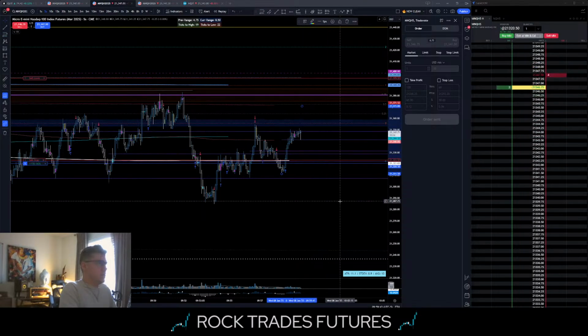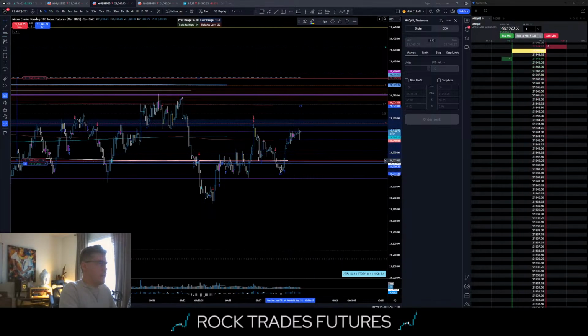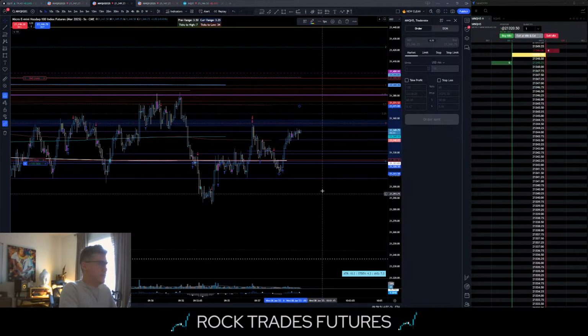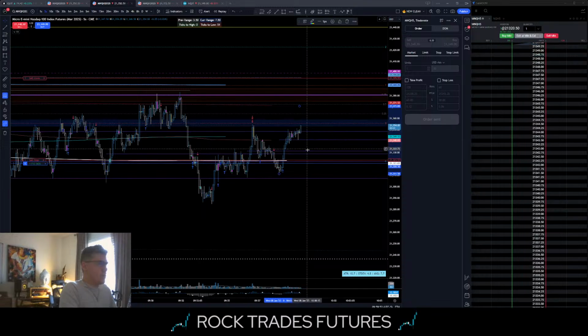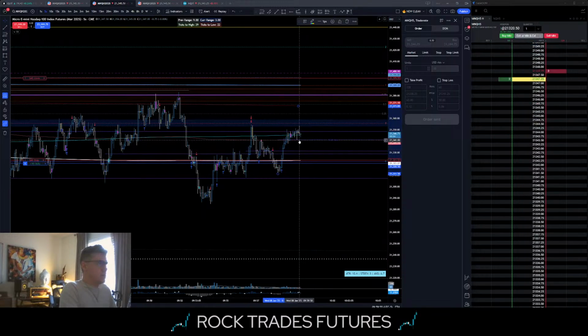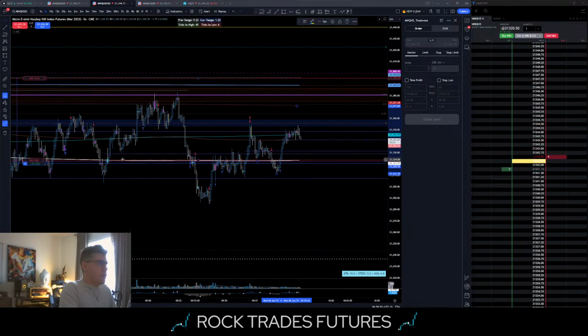Let's see, I think we'll get about there. We're a little bit above the 20. Inside up close on the 5. Small retracement here, small retracement here. Definitely likely. Okay, that's all normal.